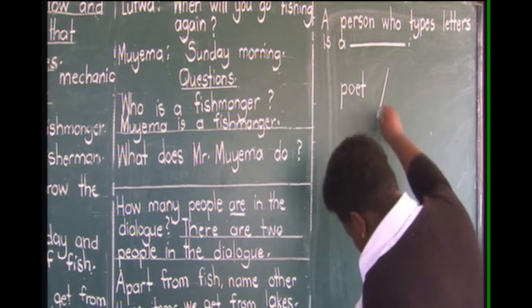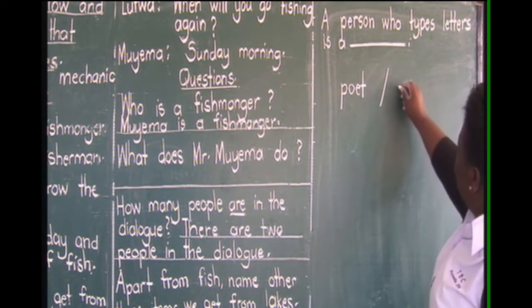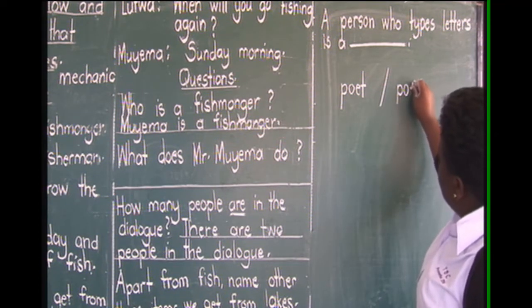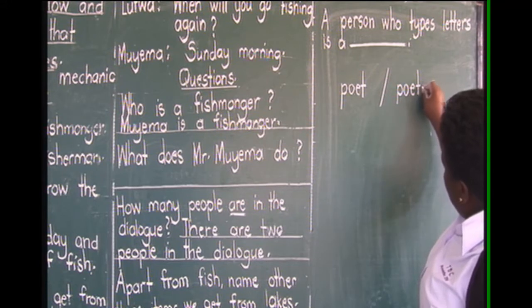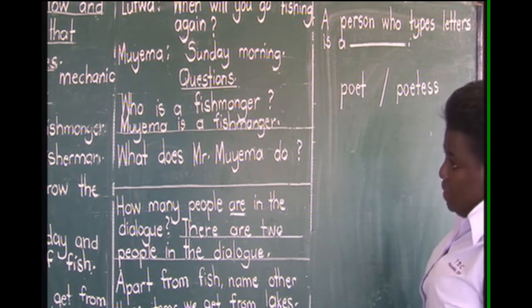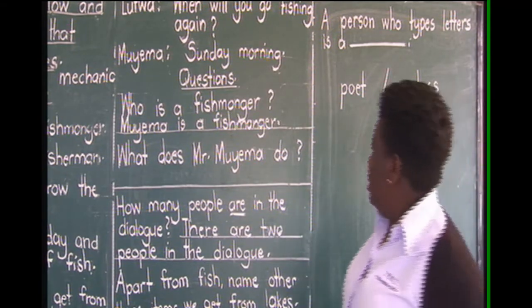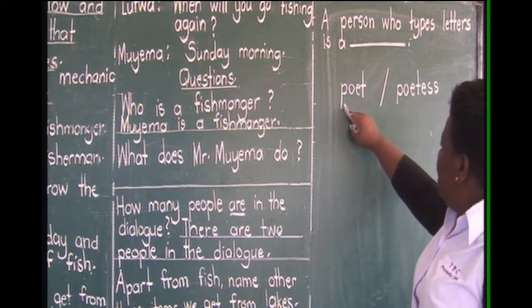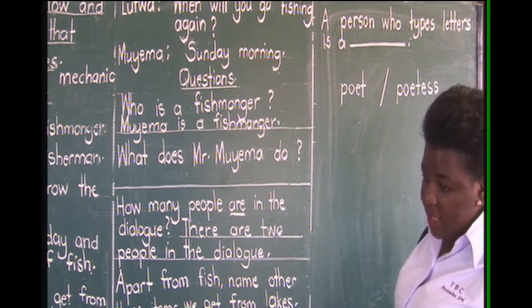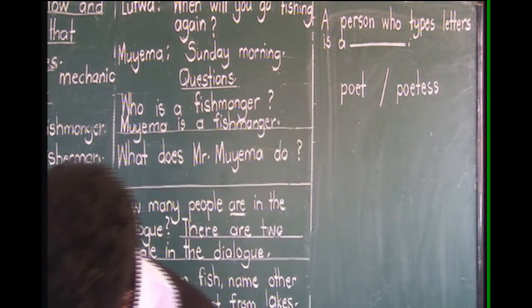When she's a woman, then that is a poetess, not poetress, but poetess. Most of you have made that mistake. Instead of poetess, you write poetress, and that is a common mistake.